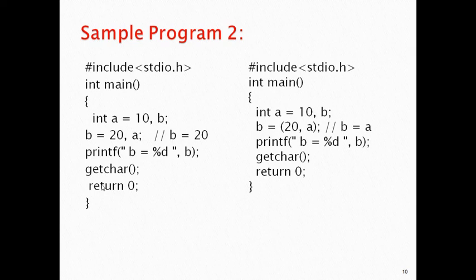Next printf of b, everything is the same. We are printing the b value. While assigning the b value, in the left side program, b = 20, a. On the right side, b = (20, a).